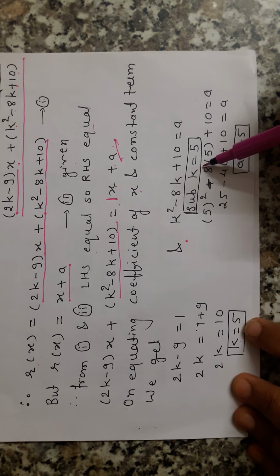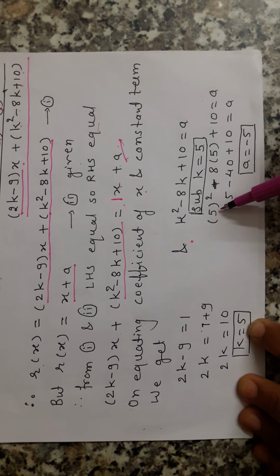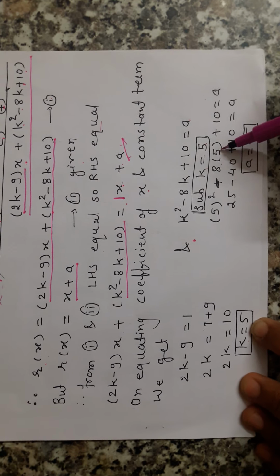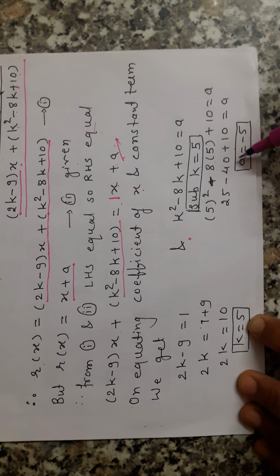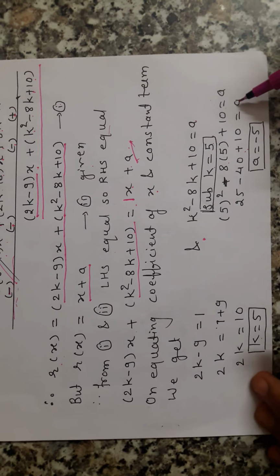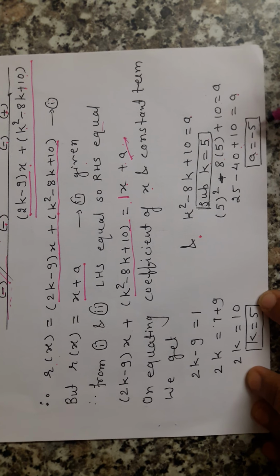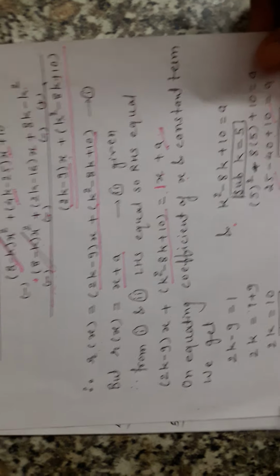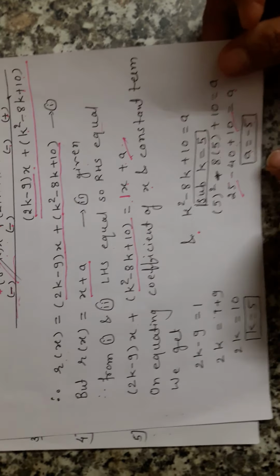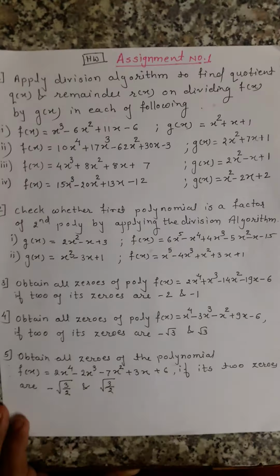Substitute the value k equal to 5. So we get 5 square minus 8 into 5 plus 10, which is 35 minus 40, equal to a. So a is equal to minus 5. So here the value of k is equal to 5 and a is equal to minus 5.